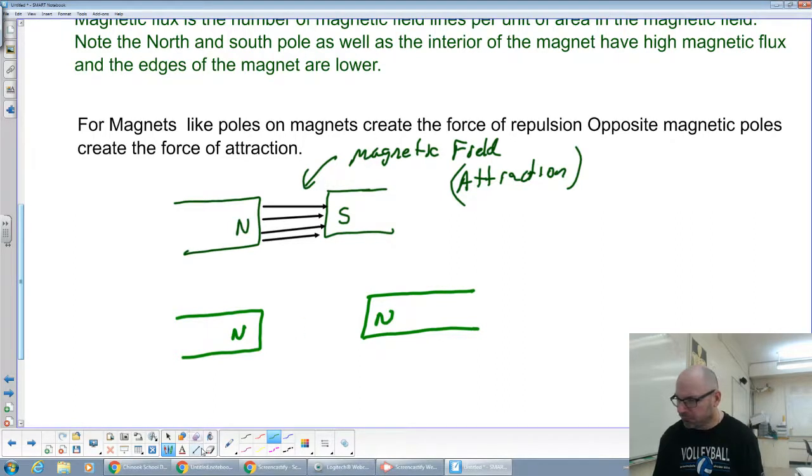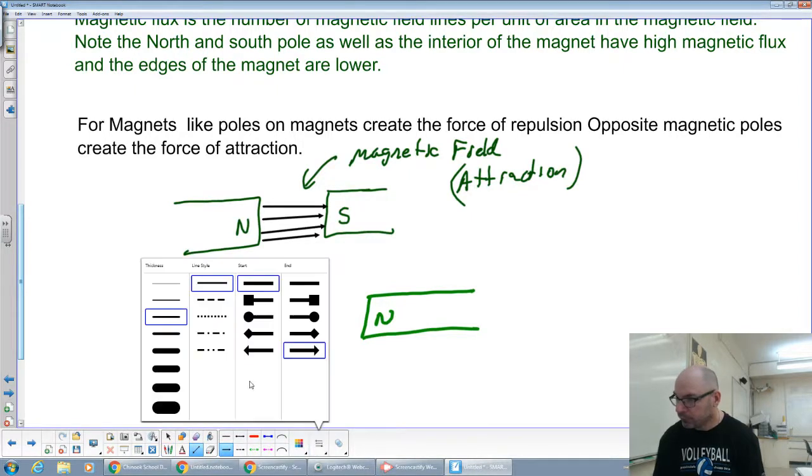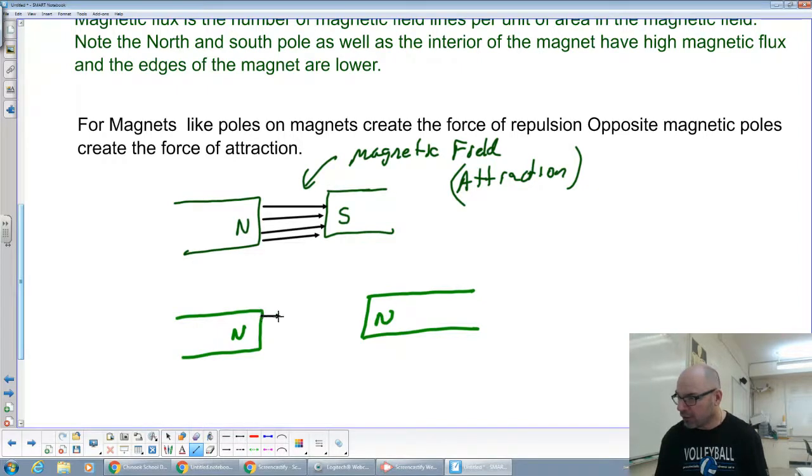This time we're going to see magnetic field lines coming out from both norths like this, and then we're going to see that repulsion bend.